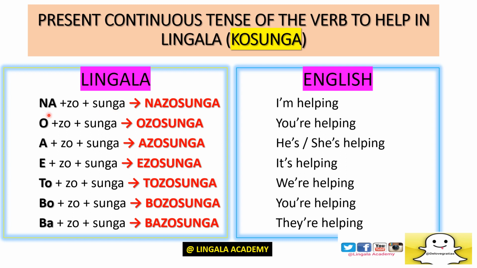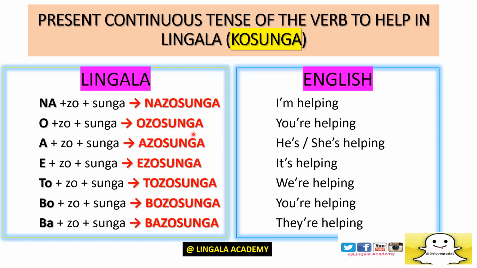Na is I, zo is the part that remains from the verb kozala or to be, and sunga is the imperative form of the verb kosunga, to help. So we will have na plus zo plus sunga, which is nazo sunga.